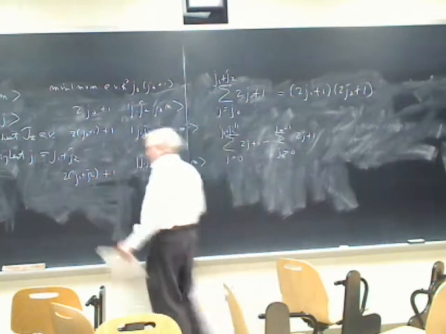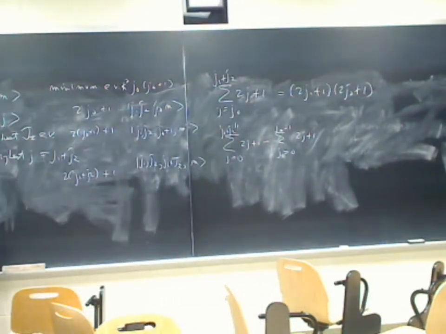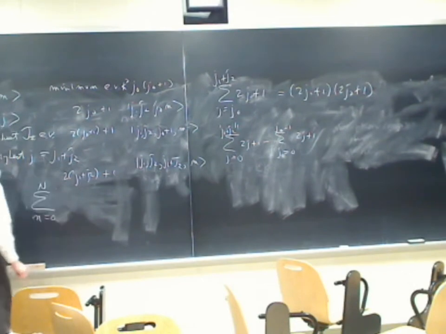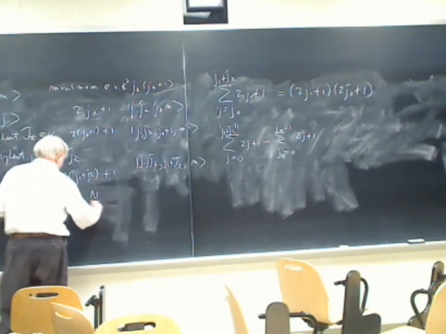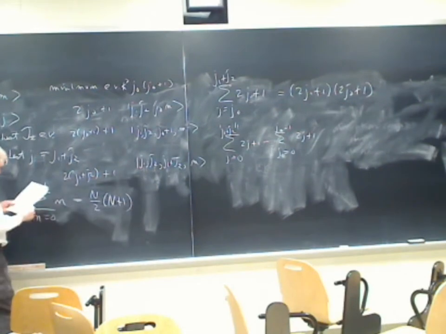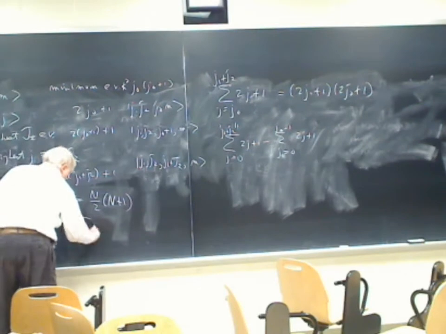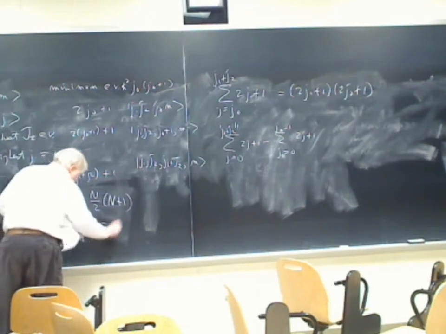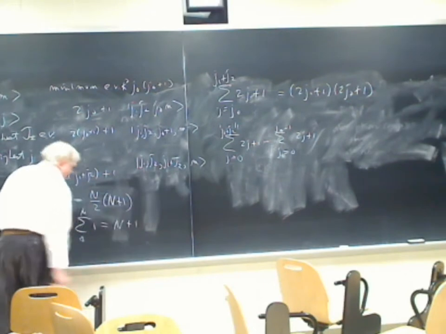And there's this famous theorem that was proven by one of those mathematical prodigies, I think when he was in grammar school: the sum of n from 0 to capital N is capital N over 2 times (N plus 1). And of course, the sum of 1 from 0 to N is just equal to N plus 1.